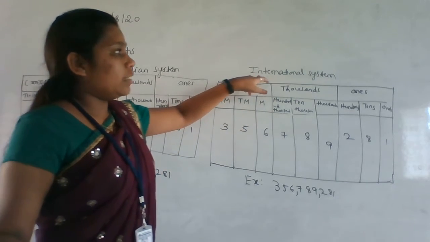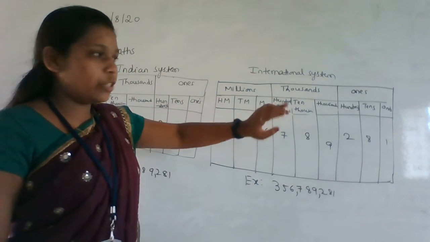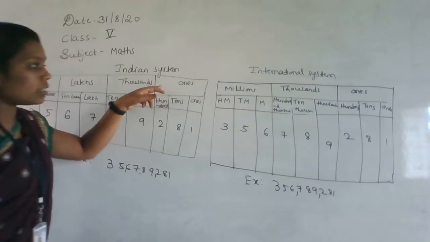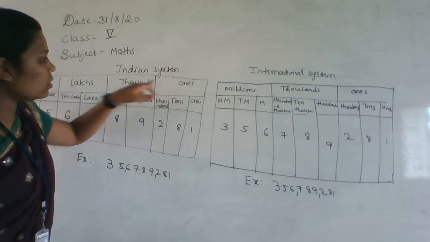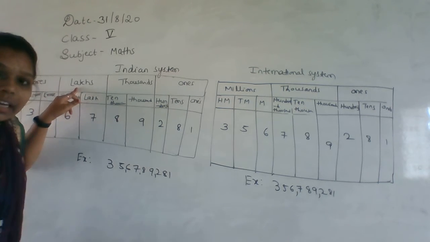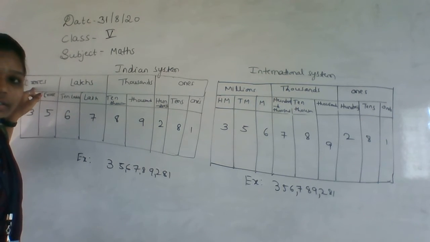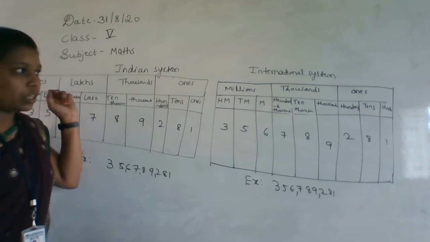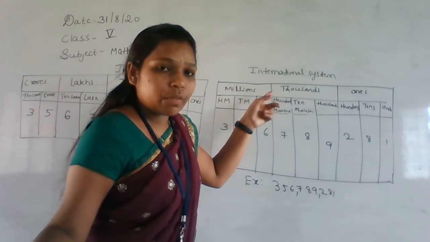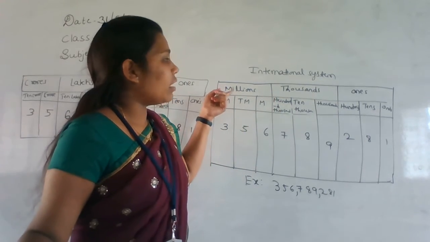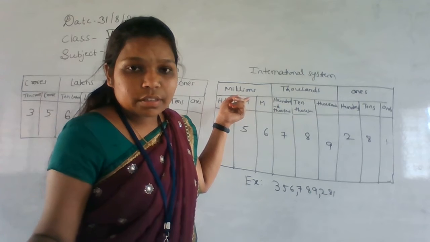See here, in the international system of numeration, ones is there, thousands is there. What is the difference? In the Indian system also ones, thousands is there. And here in the Indian system we have lakhs as well as crores. But in the international system of enumeration, instead of lakh and crore, we have millions here.